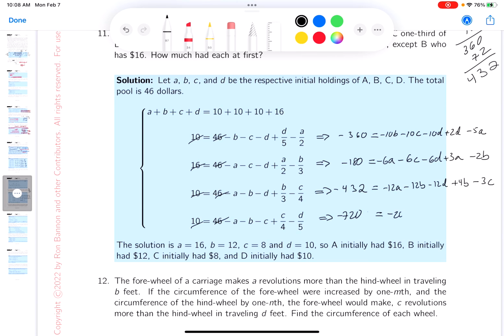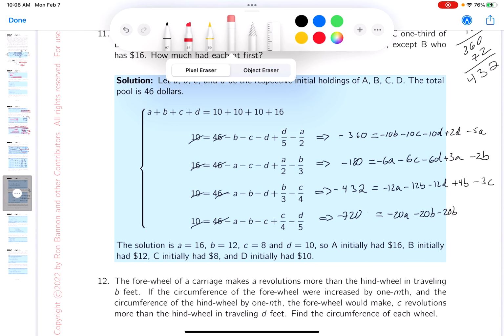Minus 20a, minus 20b, minus 20c. Whoops. Can't write b down again, right? Not like that. Let's see, 5c and minus 4d.